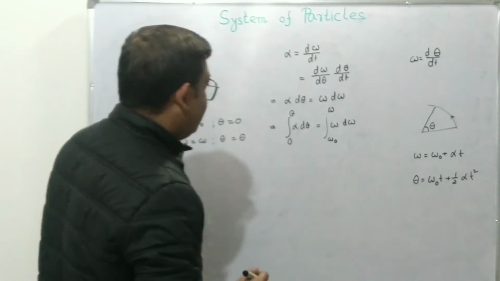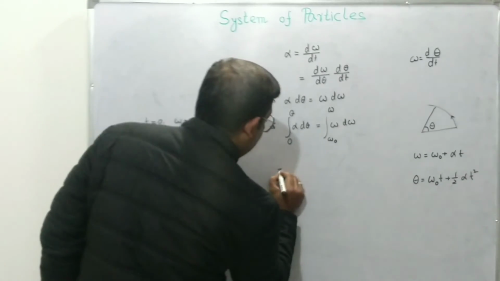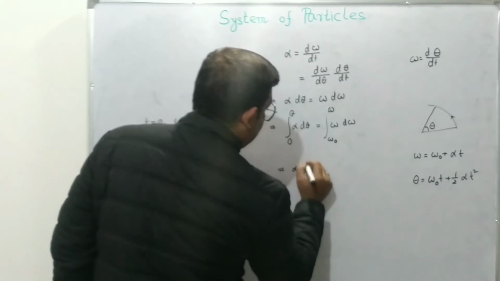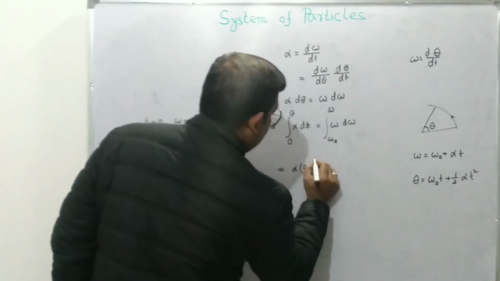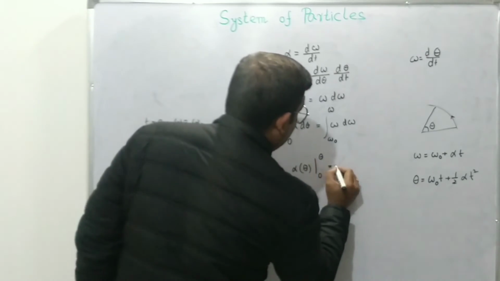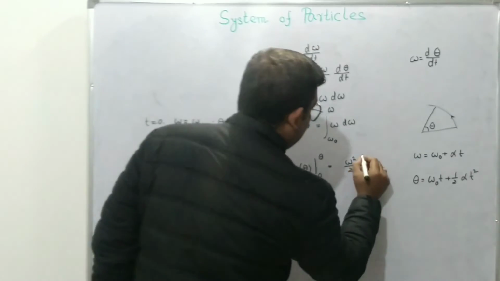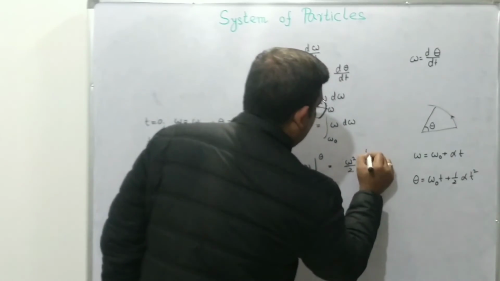So if we integrate this, what do we get? Alpha will come outside, so the integral of d theta is theta, from 0 to theta, equals omega squared by 2, the integral of omega d omega from omega naught to omega.